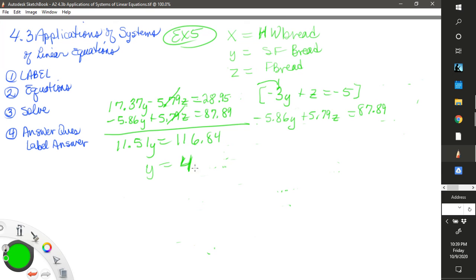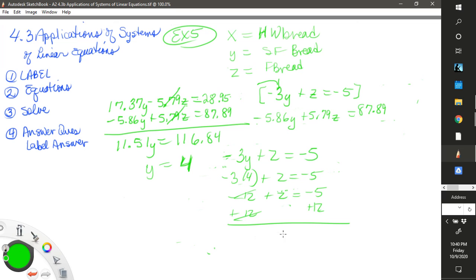Then we go into one of these original equations and solve for z. Let's do this one. A negative 3y plus z equals a negative 5. So let's put in a negative 3 times 4 plus z equals a negative 5. Negative 12 plus z equals negative 5. We'll add 12 to both sides. And that cancels, and z equals 7.